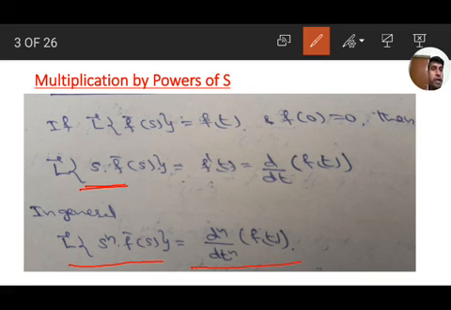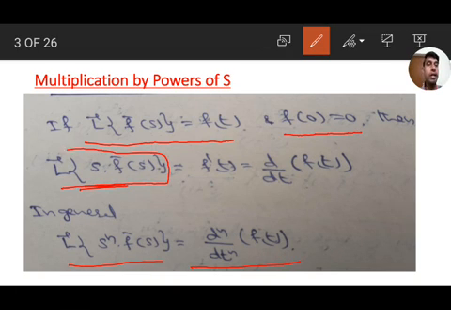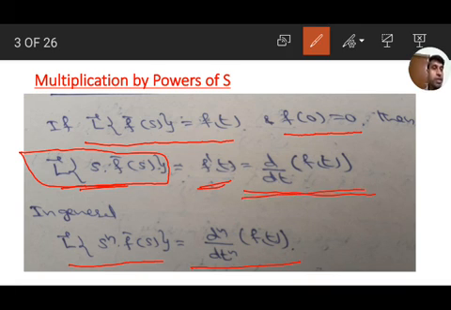I will repeat once again. If L inverse of f bar s equals f of t and f of 0 equals 0, then L inverse of s into f bar s equals f dash t, that is d by dt of f of t. In general, L inverse of s to the power of n into f bar s gives the nth derivative of f of t.